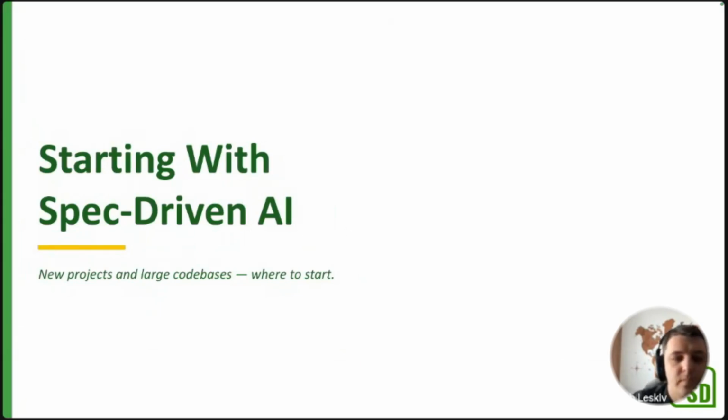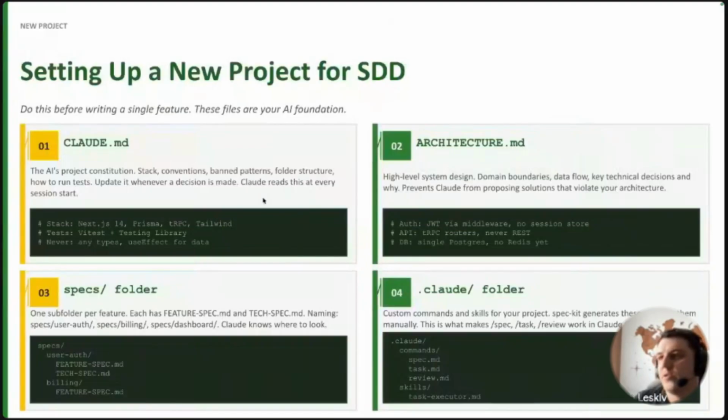But how do you actually get started? Whether you are on a new project or an existing codebase, the paths are usually different. On a new project, you should set up 4 things before writing any feature. First, CLAUDE.md, if you're using Claude or whatever other AI.